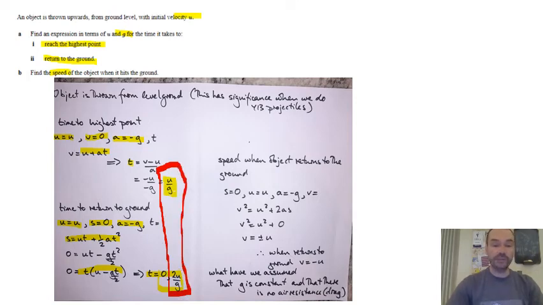Now the speed when it returns to the ground. When it returns to the ground, the displacement is 0, displacement not distance travelled. U is u, a is minus g. If we solve this, we get 2 different values for v, because v is the velocity, and when the displacement is 0, v is either u at the beginning of the motion or minus u at the end of the motion.